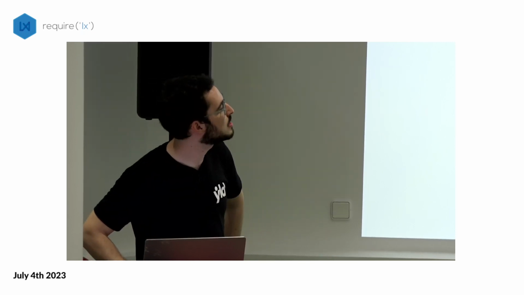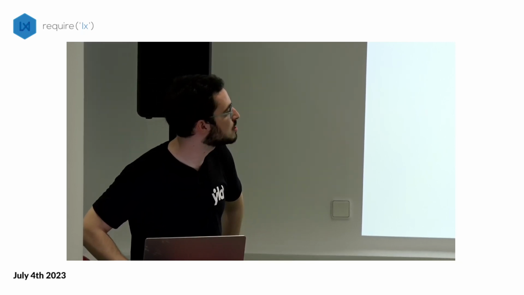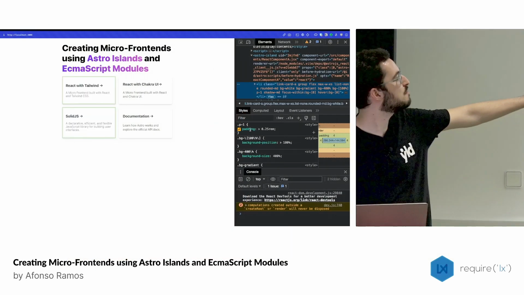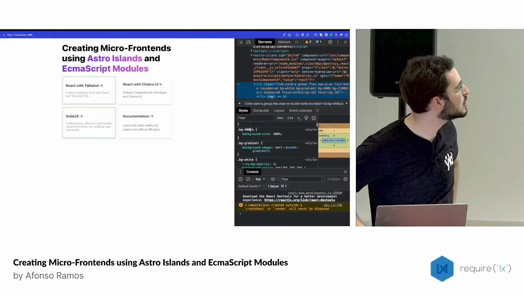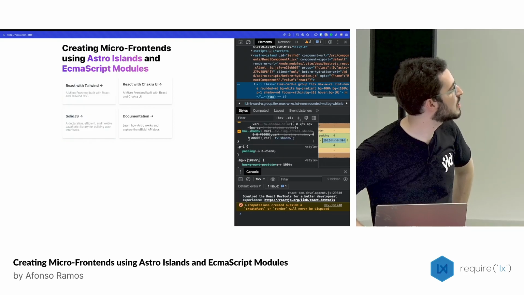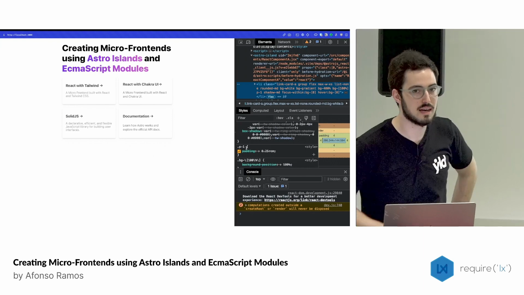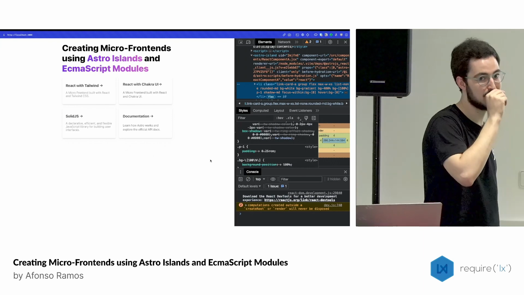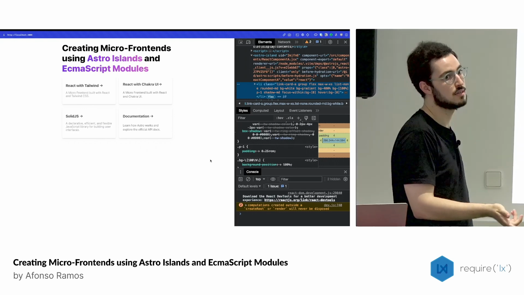And if you scroll down, you will see that I have P1 here, right? But if I scroll down a bit more, I will find P1 again. And this is because there's two micro frontends that are using Tailwind.